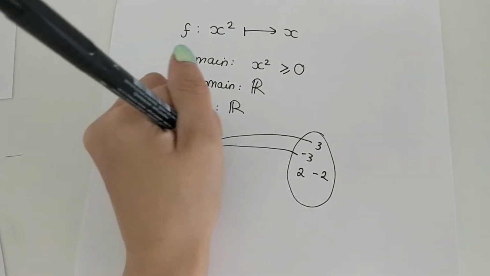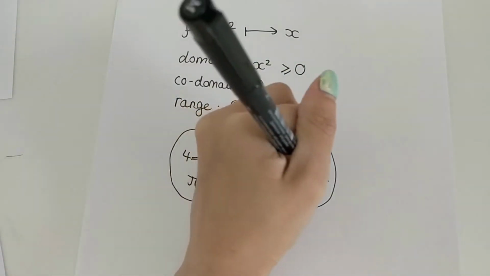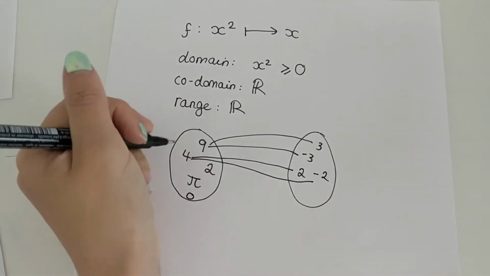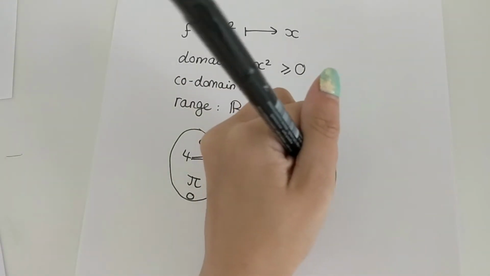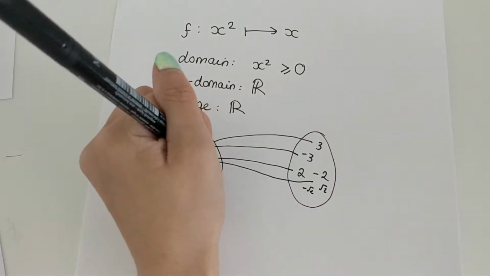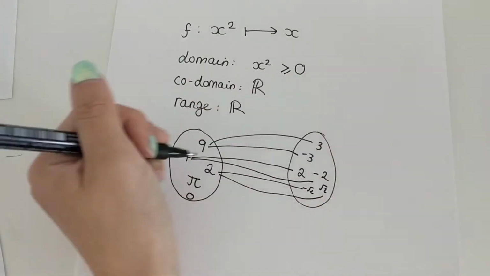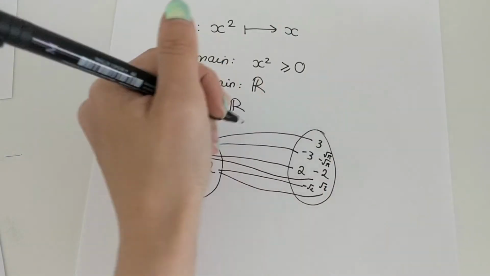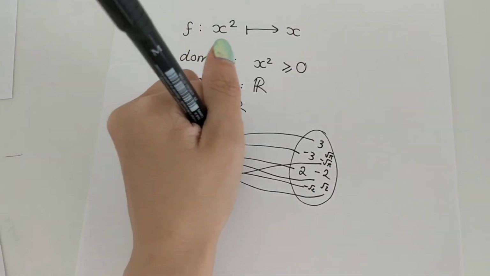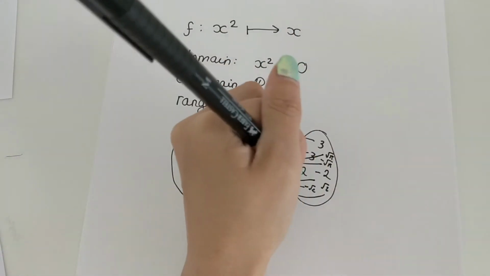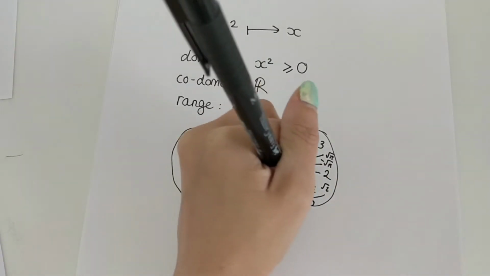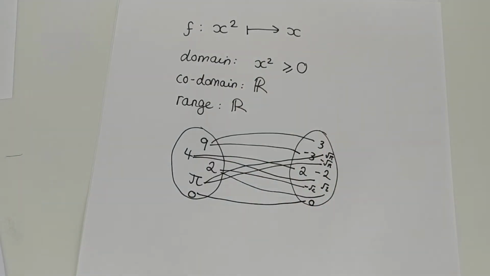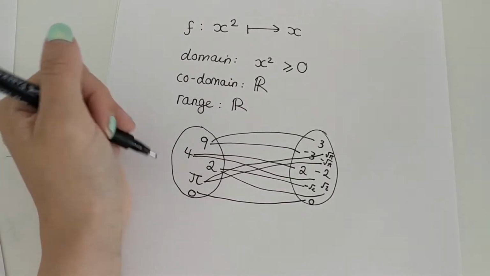Well, it's either 2 or minus 2. Let's put 0 in here as well. 2 is going to be root 2 or minus root 2. Pi is going to be root pi or minus root pi. And 0 is just 0. Okay, because it's not going to be negative 0.